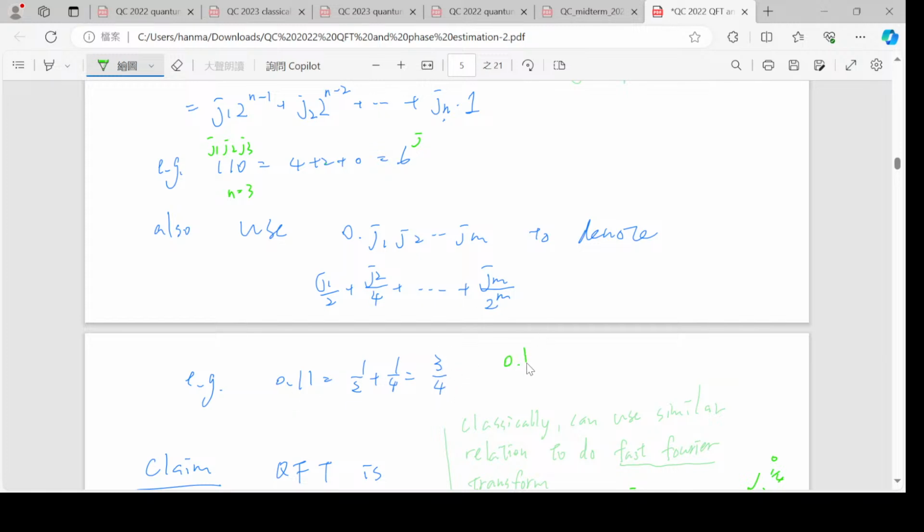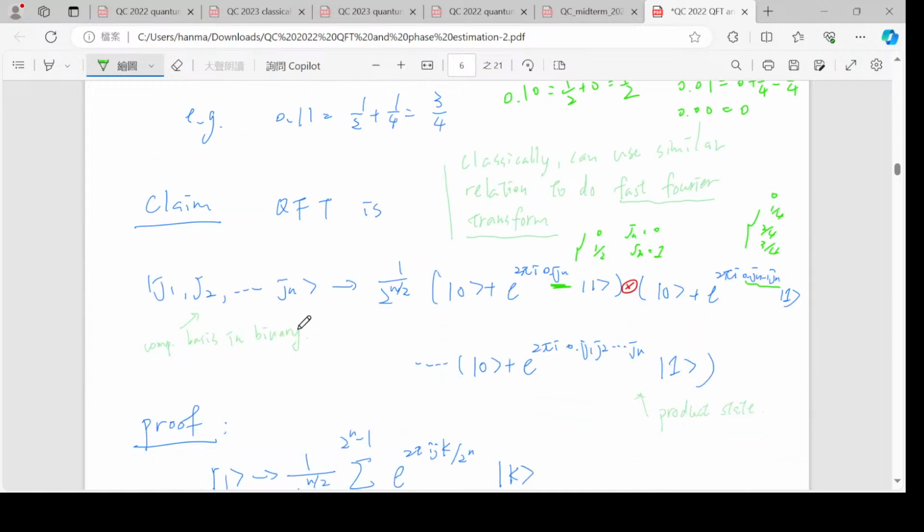Then 0.10 is 1/2 plus 0, which is 1/2 in decimal, and 0.01 is 0 plus 1/4, equal to 1/4, and 0.00 is obviously just 0. So if you have 2 bits, then you have those 4 possibilities.